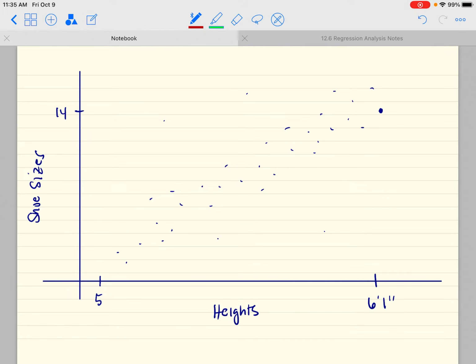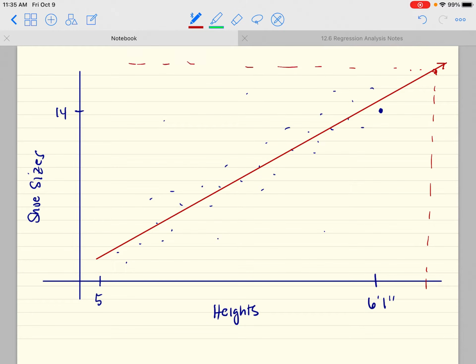So if we created a line of best fit for the data, even though the data stops, the line is going to keep going. And so if we had someone who was 7 feet, we could use the line to try to predict that a 7-foot person might have a shoe size that's, I don't know, 15. So I don't know what it's going to be, but this is the concept, okay? So if you have data that looks linear, you can try to create a line of best fit for that data.